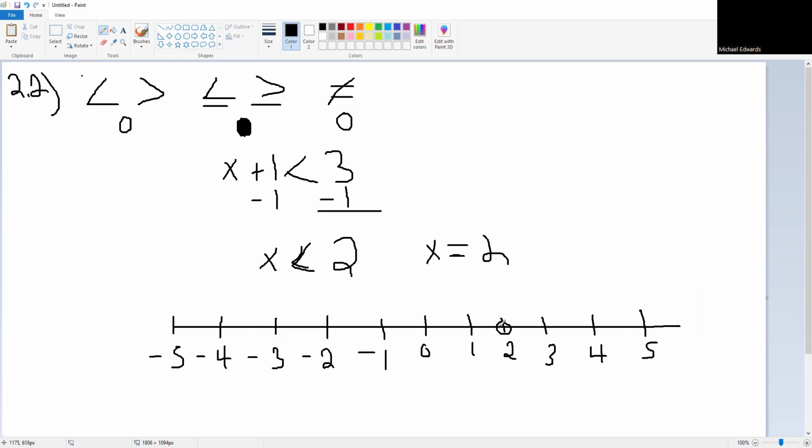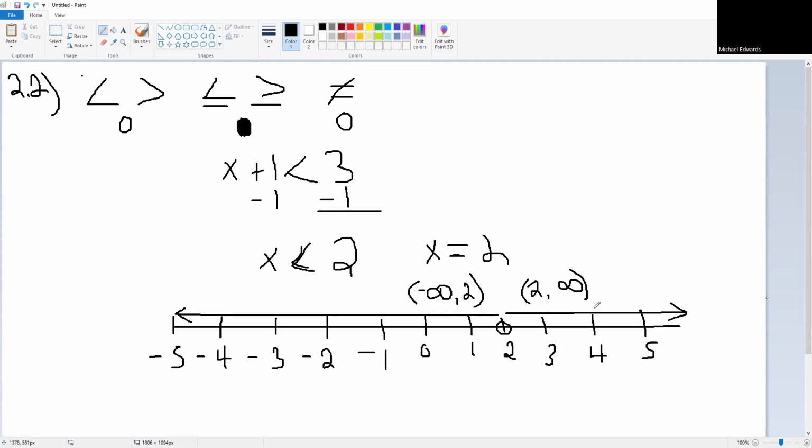So 2 is actually our critical number because it's a key point on the line. We're going this way and this way, and 2 is our number, which is to say negative infinity to 2 for this side, and 2 to infinity on this side. It gives us 2 intervals.